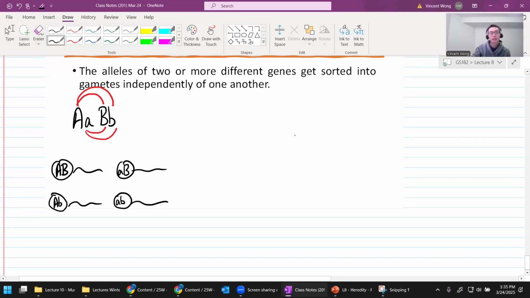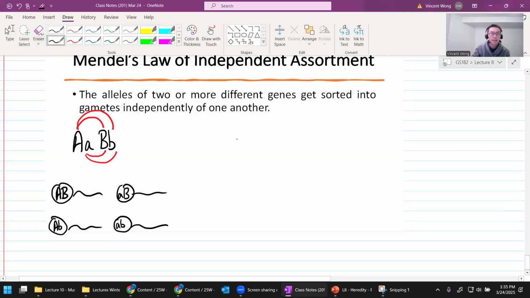So what does the law of independent assortment mean? It means whether you get the big A or small a for one gene is not going to affect whether you get big B or small b in the same gamete. That's why there are four different combinations.